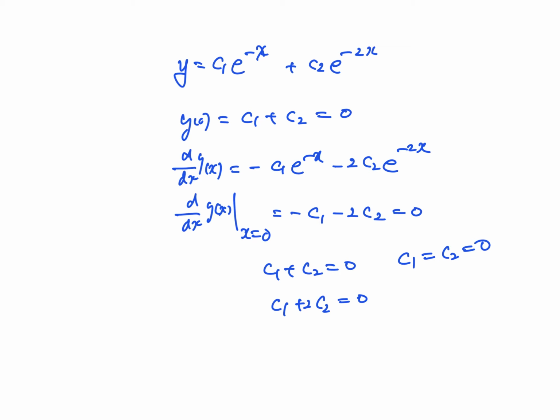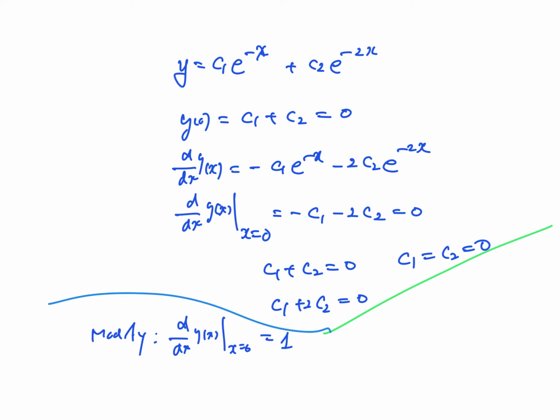So maybe you can modify: what if dy/dx at 0 is equal to 1? Then maybe a little bit more interesting. In that case, c1 plus c2 is 0, minus c1 minus 2c2 is equal to 1.